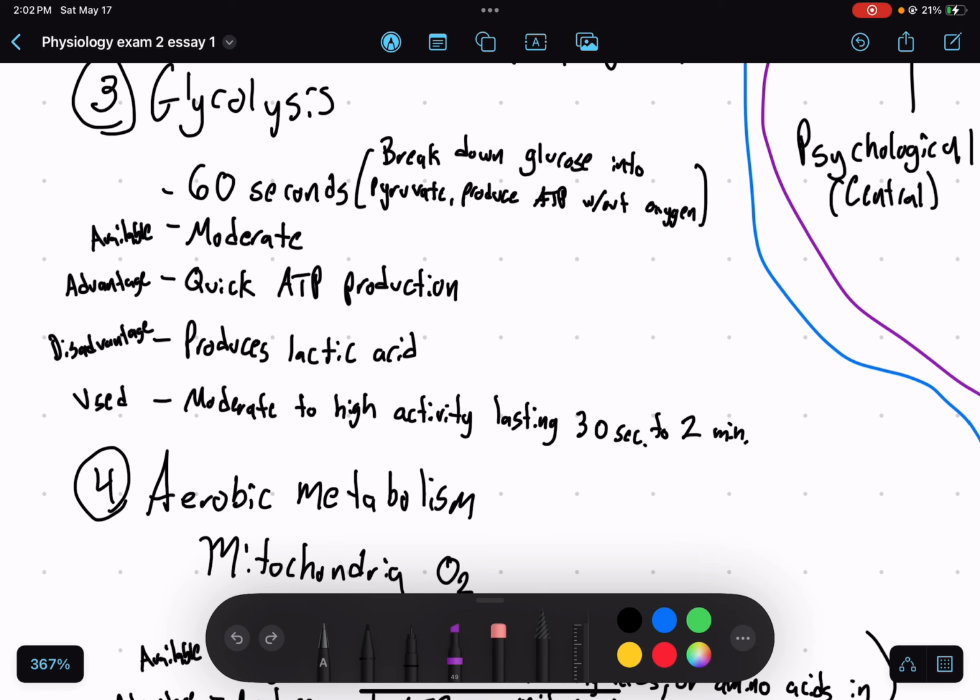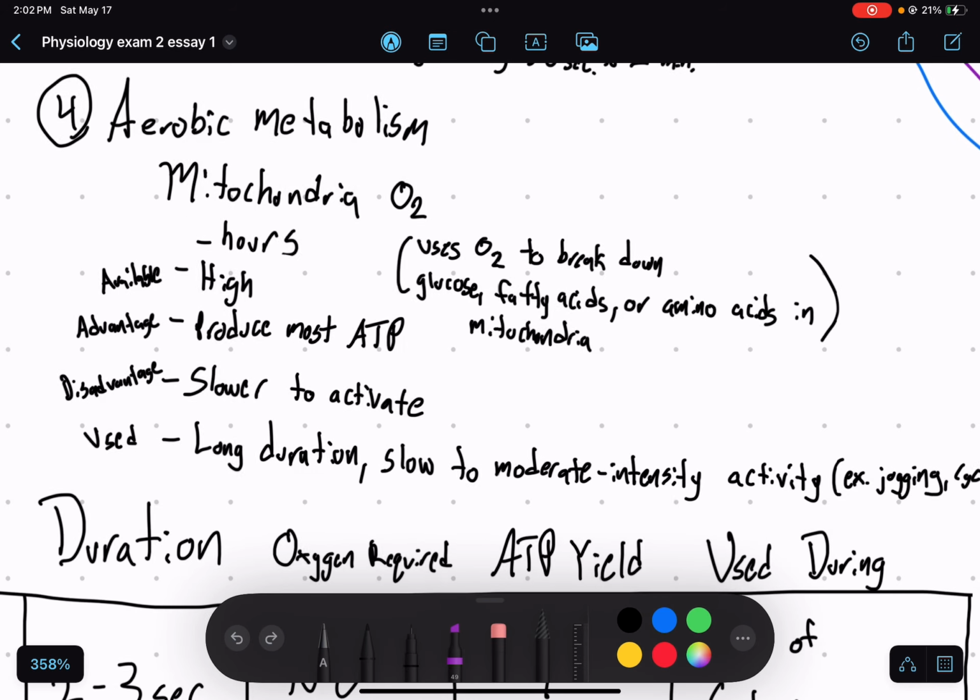It is generally used for moderate to high activity lasting 30 seconds to 2 minutes. So these are things like your mid-distance runners, or people who go to the gym to do a 30-minute workout, where they can be consistent but don't wear themselves out by the end of their exercise.